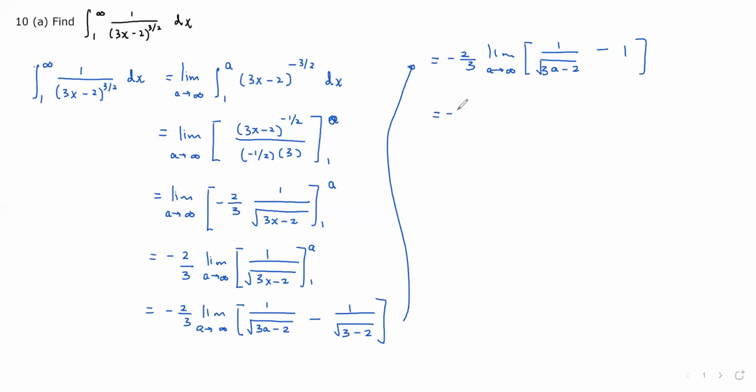As a approaches infinity, this part is going to approach 0. You have 1 over the square root of a very big number, which is still very big, and the whole thing is going to approach 0. The limit of a constant is always that constant. So we have 0 minus 1, which is negative 1, and that gives 2/3.